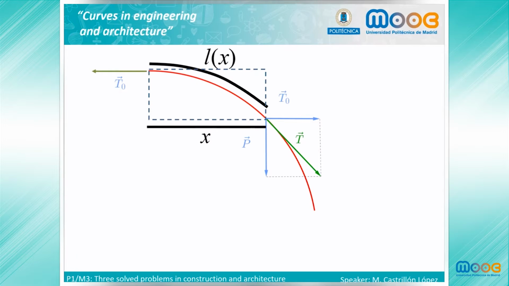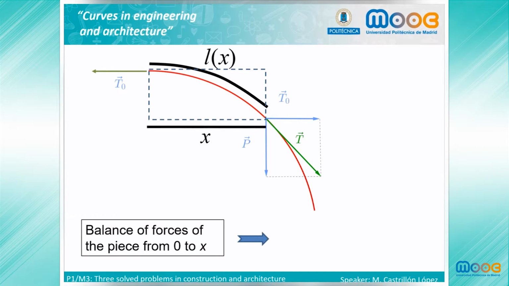Again, we consider a piece of the arc and we decompose the horizontal and vertical parts of the forces. The balance of the forces for that part of the arc says that the horizontal part of the forces at the right point is a constant, whereas the vertical part is proportional to the length of the arc.